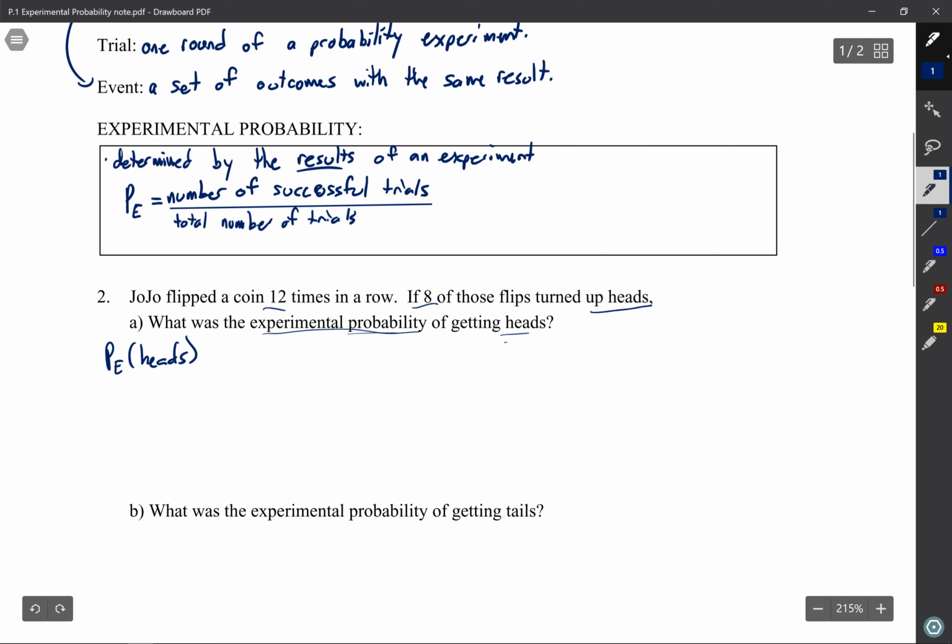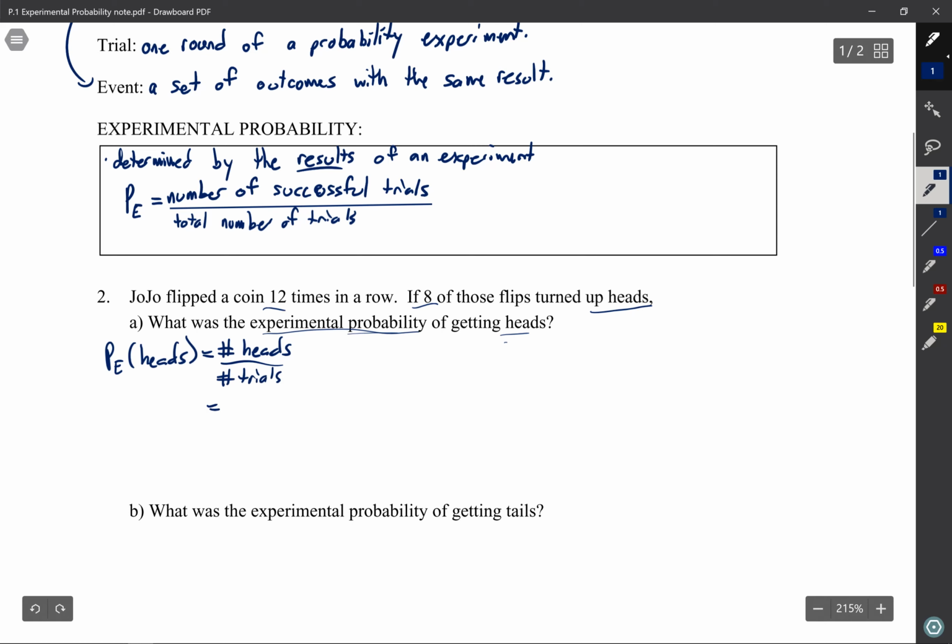So the experimental probability of getting heads equals the number of successful trials. In this case, that's the number of times that you actually did flip a heads, divided by the total number of trials, and seeing as she flipped the coin 12 times in a row, that's where we'll get that number.